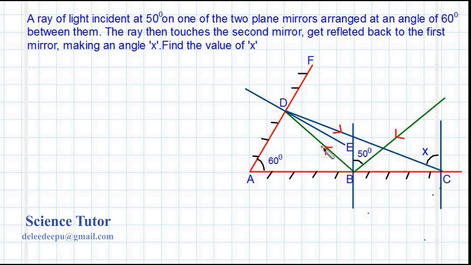This ray is reflected back to AF meeting at point D, and then again it is reflected back to AC meeting at C, which makes an angle x with the normal.